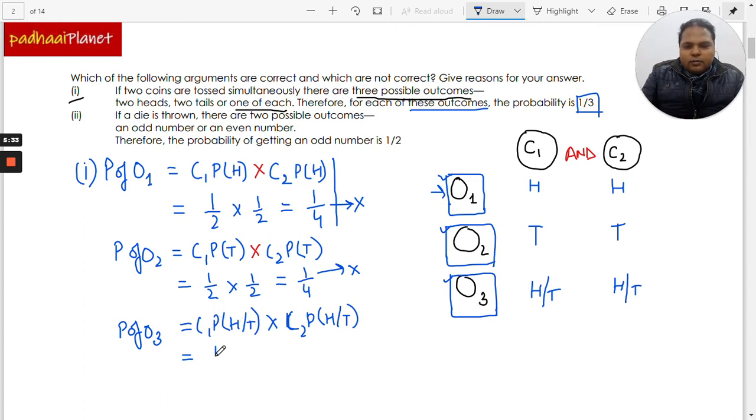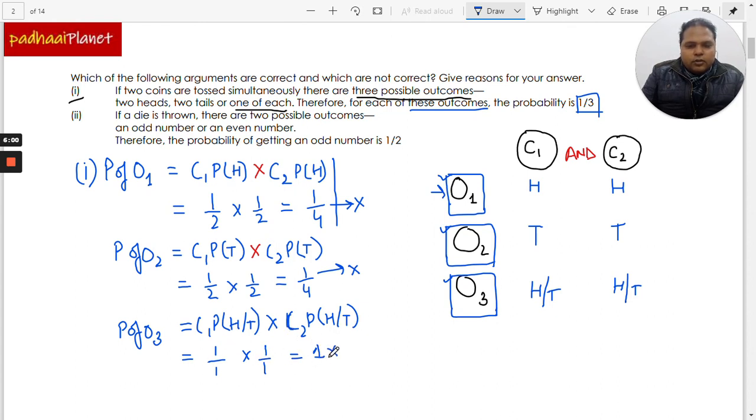So it will be 1 over 1, multiplied by, here also it is fulfilling the condition, so this is also 1 over 1. So finally the answer is 1.